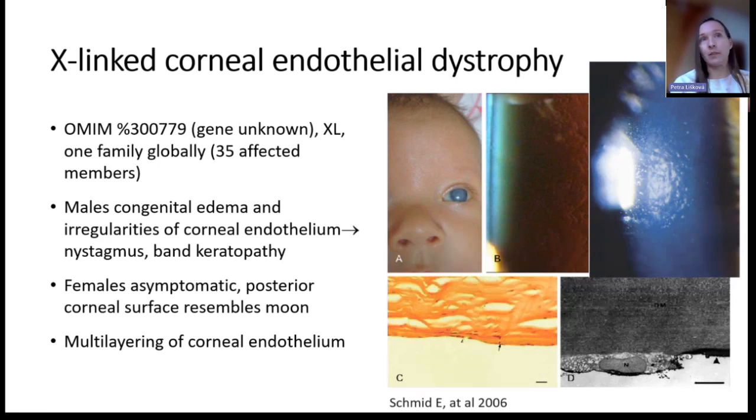Males have congenital edema and irregularity of the corneal endothelium, and again, what you can expect: nystagmus, band keratopathy. Occasionally, females may be asymptomatic, and they may have a posterior corneal surface which resembles the moon. And there is again multilayering of the corneal endothelium.